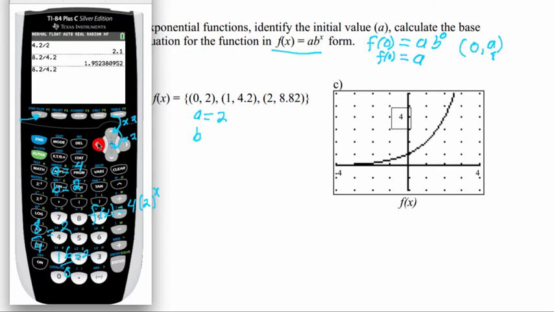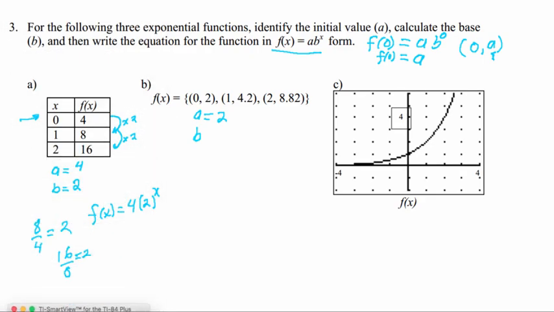Part of the problem with using this calculator on the computer is you don't have that tactile feel. You think you've hit a button and you might not have. Okay, let's fix that. There we go. 8.82 divided by 4.2, and yes, indeed, that does come out to be equal to 2.1. So what that tells me is that my b is equal to 2.1.